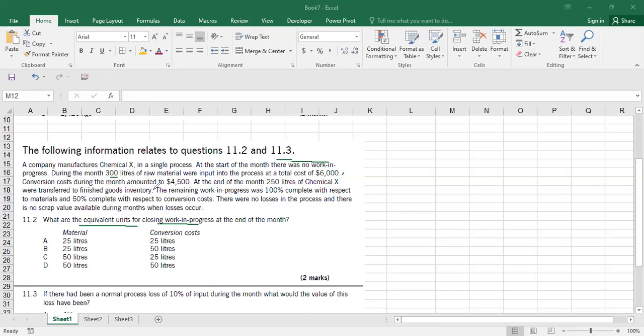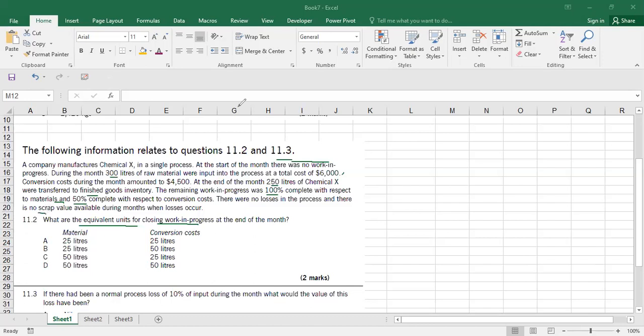Conversion cost during the month amounted to 4,500. At the end of the month, 250 liters of chemical X were transferred to finished goods. The remaining work in progress was 100% complete with respect to materials and 50% complete with respect to conversion cost. There were no losses in the process and there is no scrap value.